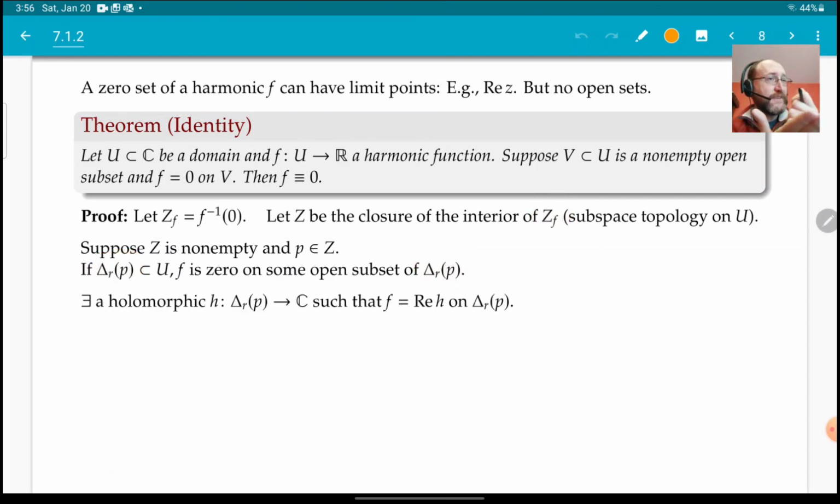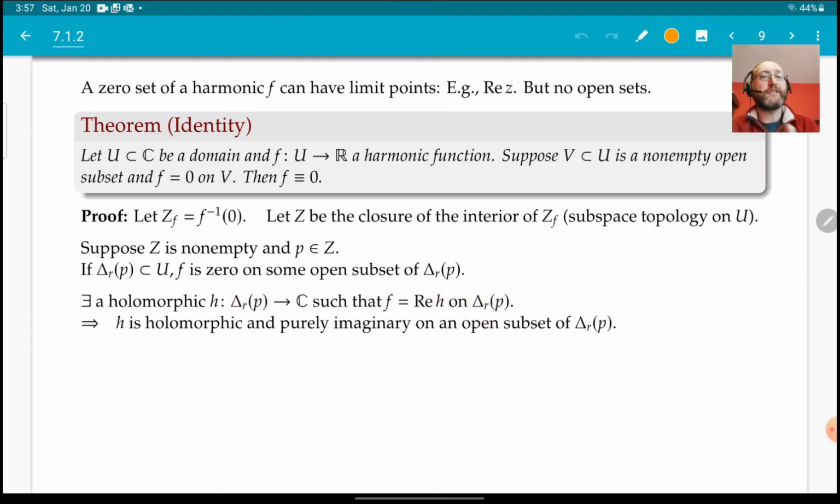Now, this little disk is simply connected, so there actually exists a holomorphic function h defined on this disk such that f is the real part of h on that disk. And now, because f is 0 on some open subset of this disk, that means that h has to be purely imaginary there, because the real part of h is f on some open subset of this disk.